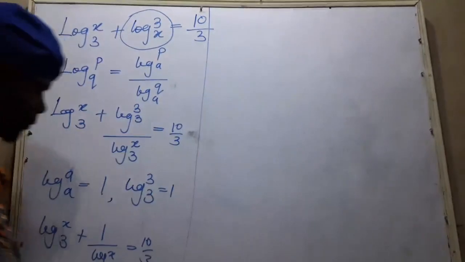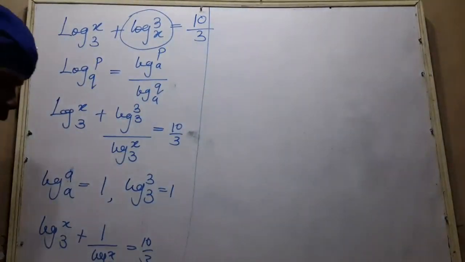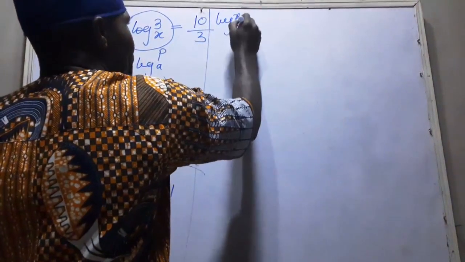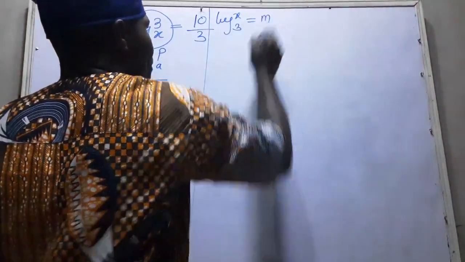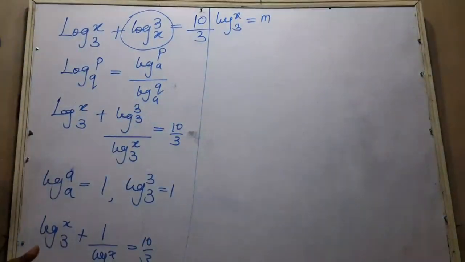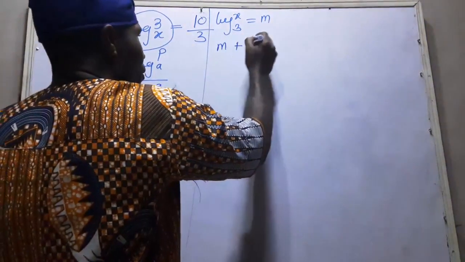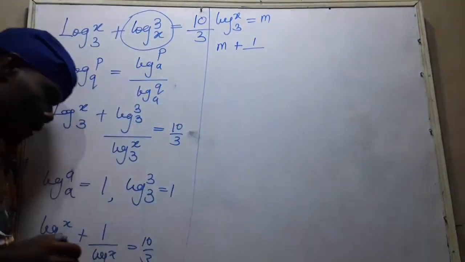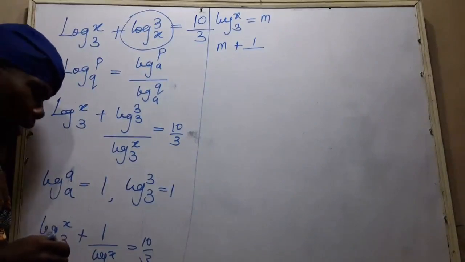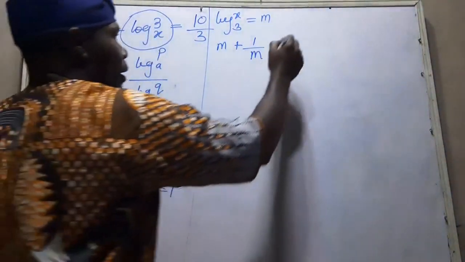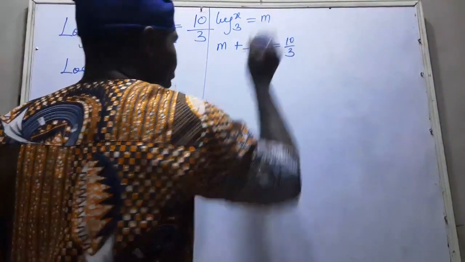Now, let's represent log x base 3 by m. So instead of writing log x base 3, let's write m plus 1 over m is equal to 10 over 3.